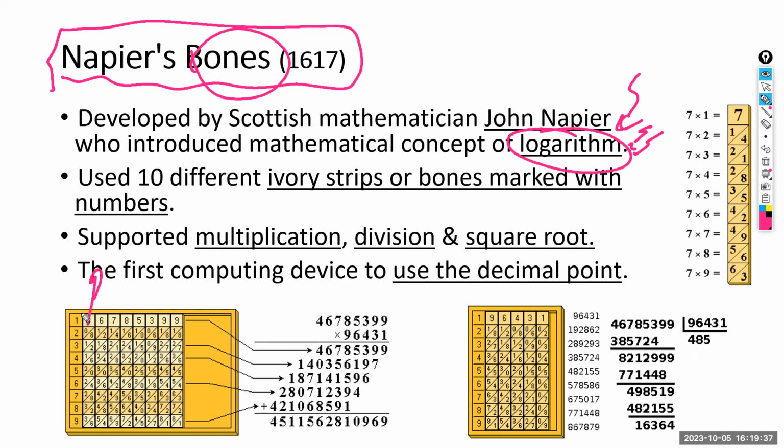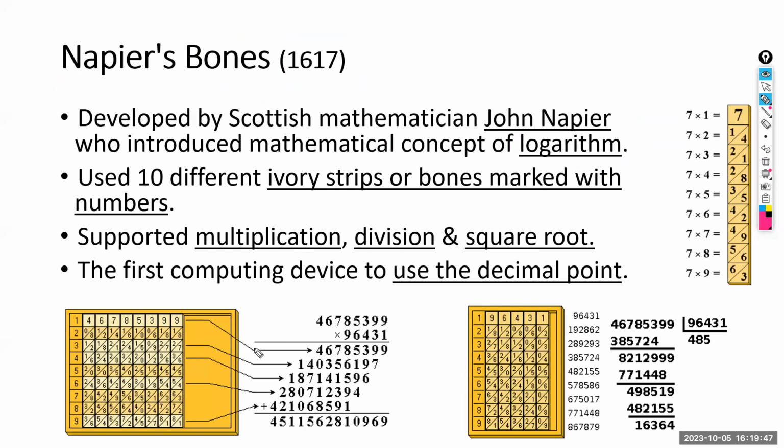You can laterally manipulate them, and by changing their positions, multiplication and division can be done. If you look, you can see that 7 into 2 is 14, 21 written as 2 divided by 1, 28 written as 2 divided by 8, and 7 into 5 is 35 written as 3 divided by 5, and so on.